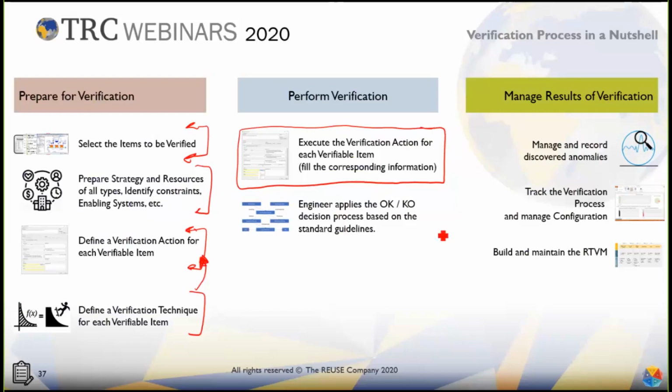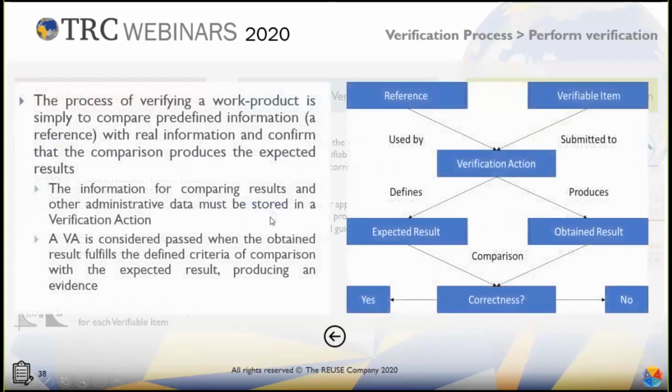And after that, according to what the standard says, you have to be able to define a yes or no. And this yes or no definition is based on a very simple and quick algorithm for decision. And the algorithm is also part of the standard, that you have a reference, and this reference allows you to define the expected result for the verification.